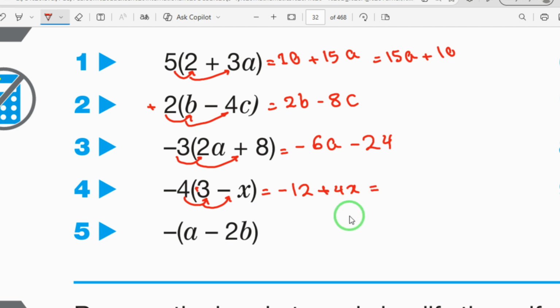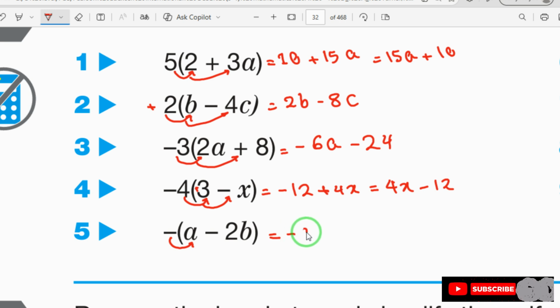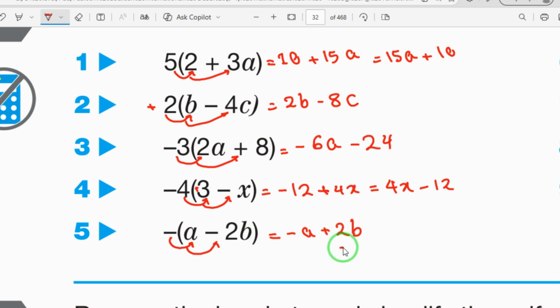But it is better to arrange descendingly like this: 4x minus 12. Question number 5, minus multiplied by a is minus a, minus multiplied by minus is plus 2b. This is the answer.